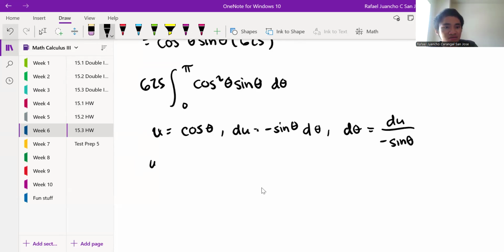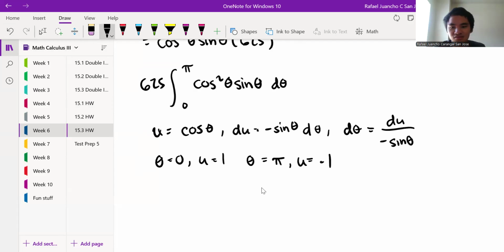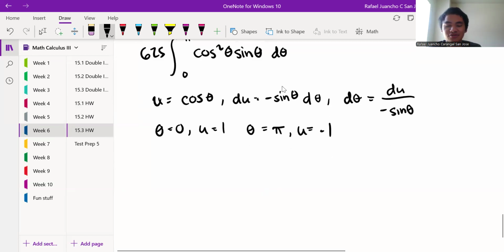When my theta is 0, my u is cosine 0, which is 1. When my theta is pi, my u is cosine pi, which is negative 1. Yes, this makes sense because then I put the negative behind and we're good.